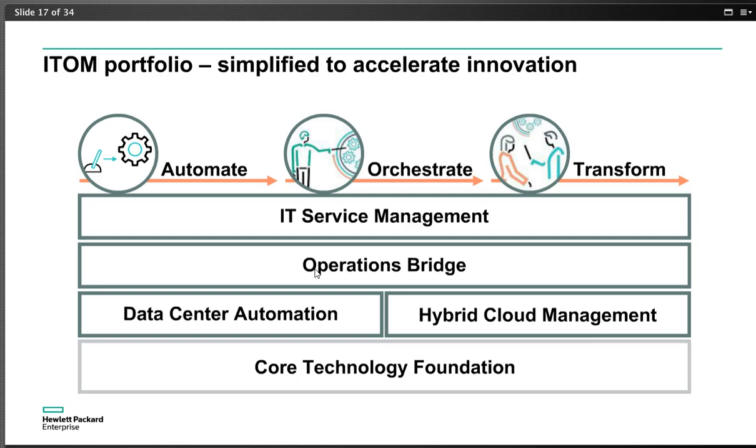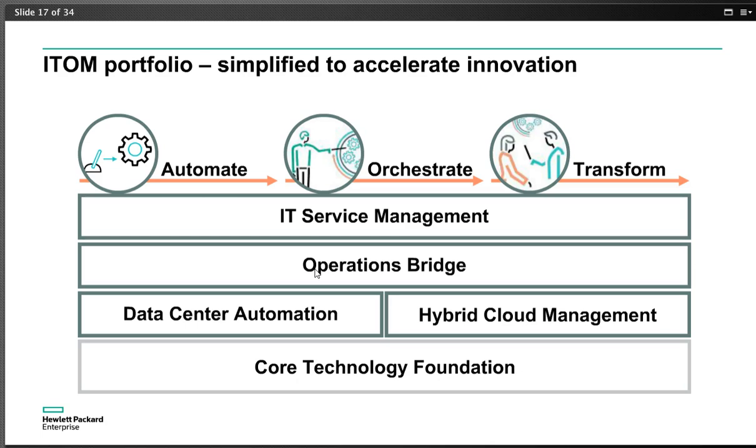In HPE software, we've moved away from a collection of point products and instead have consolidated our product solutions into a set of suites, each targeting a particular market segment. Specifically, IT operations management now brings to market four separate suites.